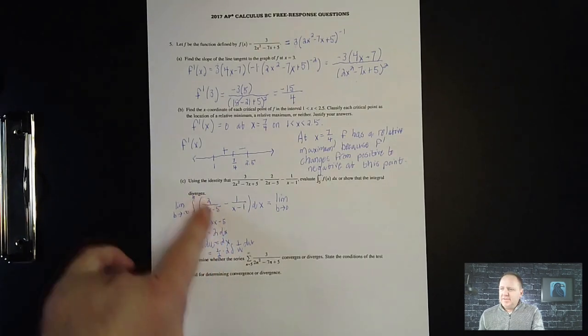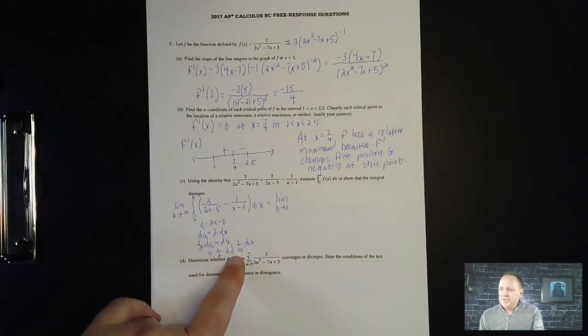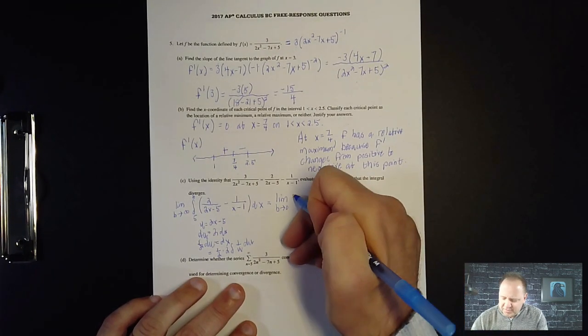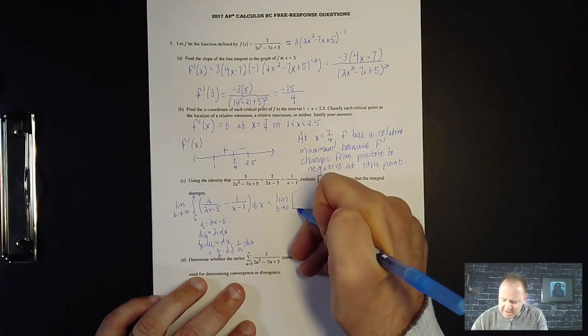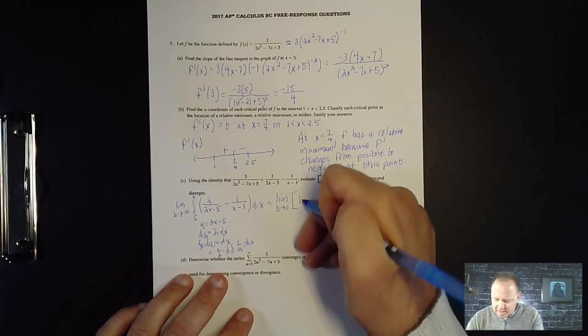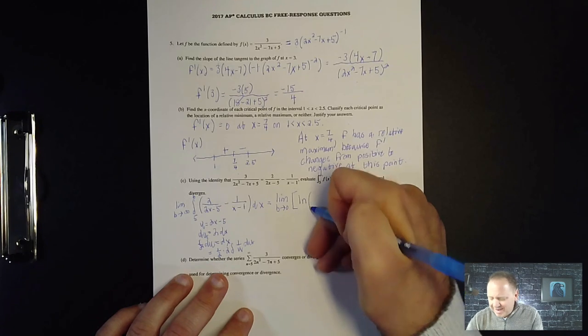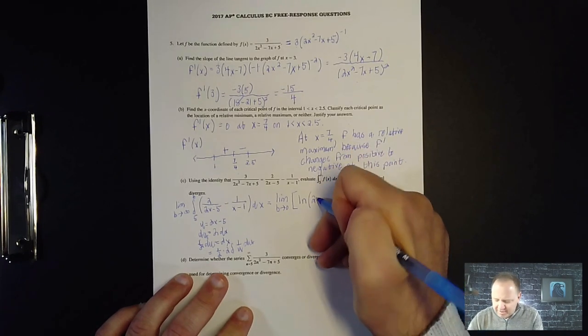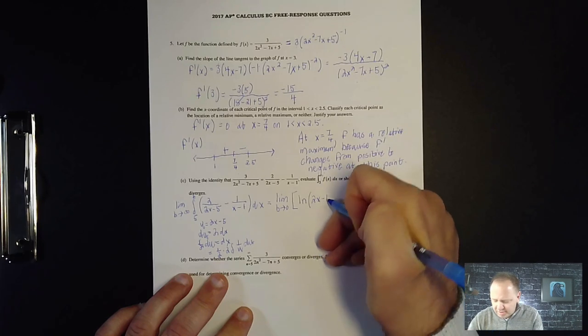So that means those cancel out. I'm just left with 1 over u. So this becomes a limit as b approaches infinity. Now I'm going to set it up into my FTC bracket. This just becomes the ln of the absolute value. Now we don't need absolute value because we're going from 5 to infinity, so we're not going to have any domain issues. So I'm going to get rid of the absolute value.